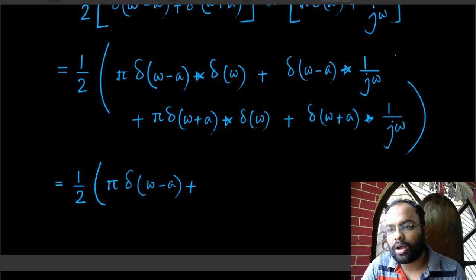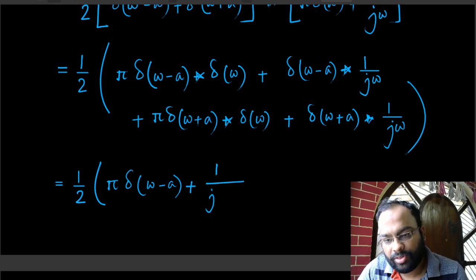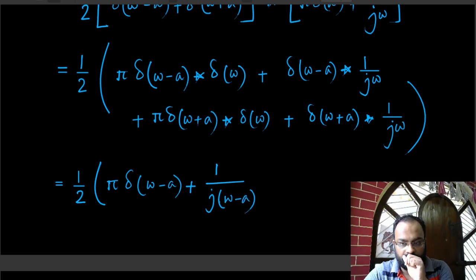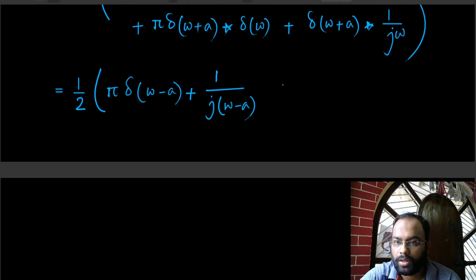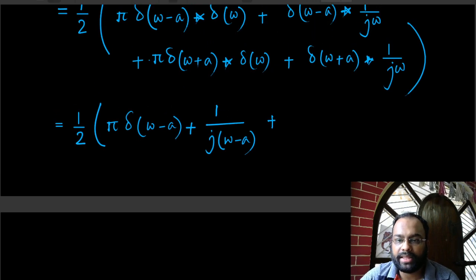Plus, now we are convolving this with this. This is your h omega, so the answer would be 1 by j omega minus a. Plus, now again we are convolving this with delta omega. Think of it as a signal convolved with delta omega. The signal won't change.